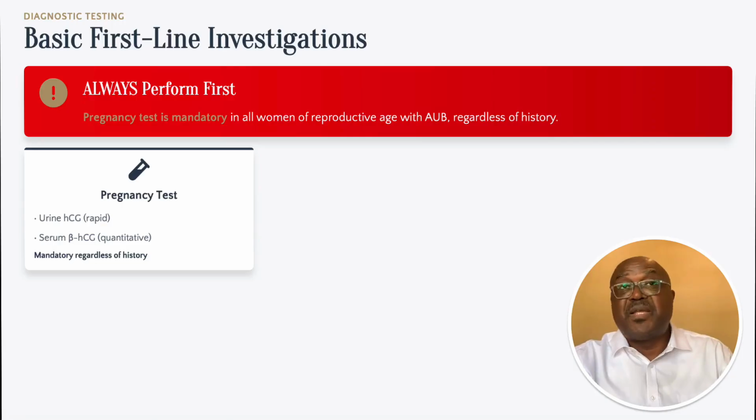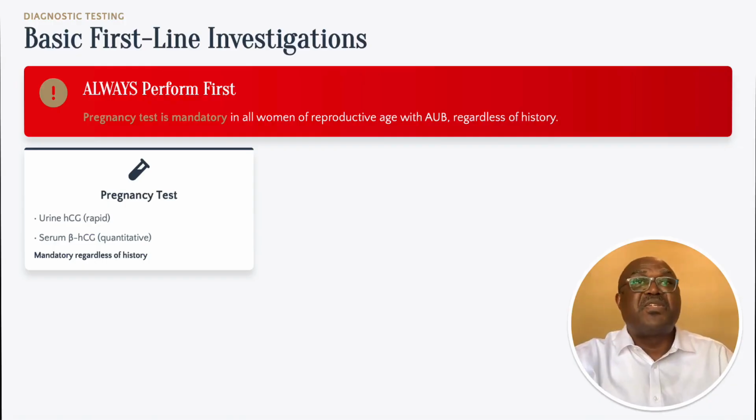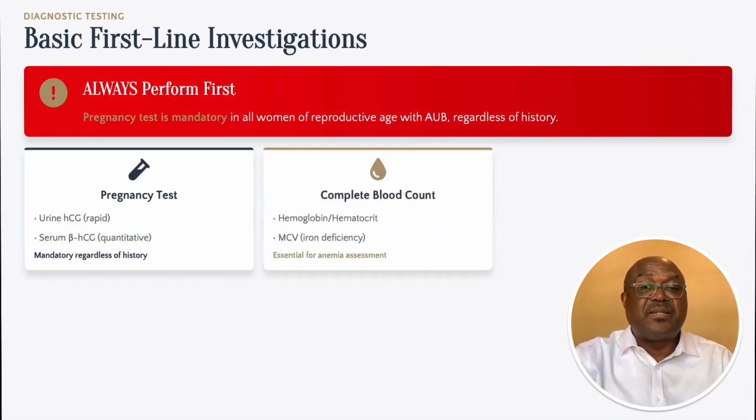You can use a urine HCG for rapid screening, or you can use a serum beta HCG for quantitative result. Pregnancy-related bleeding, including ectopic pregnancy and miscarriage, must be excluded.